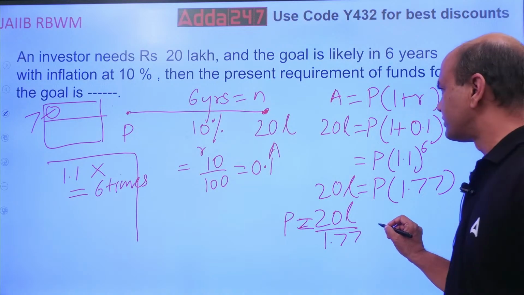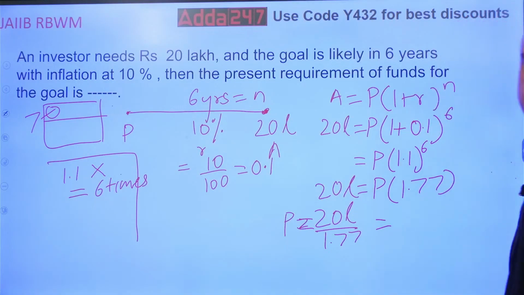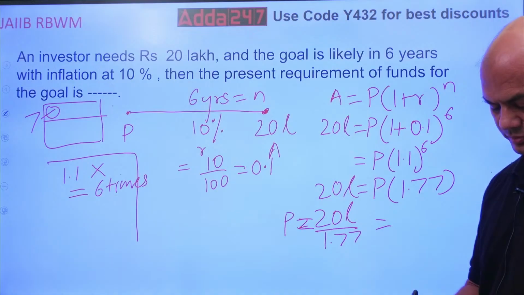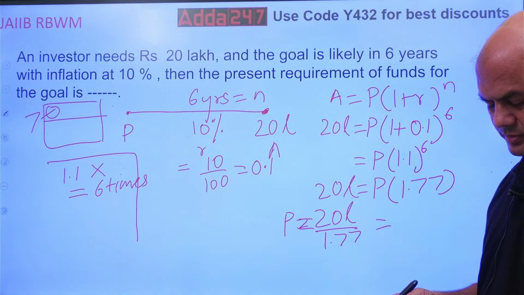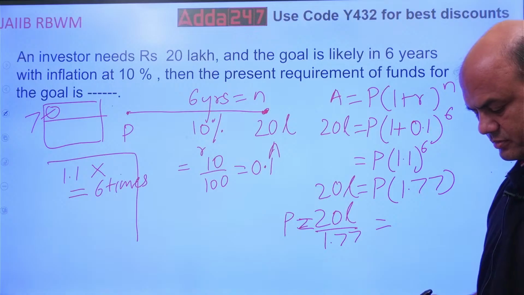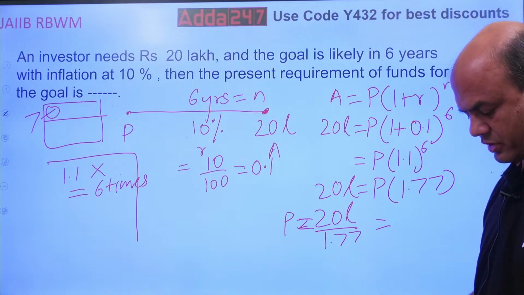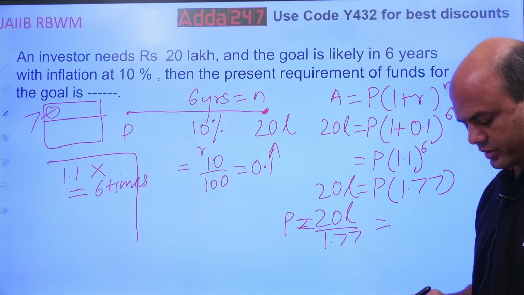So what is the answer for this? 20 lakhs upon 1.77. Get it, everyone? 20 divided by 1.77.